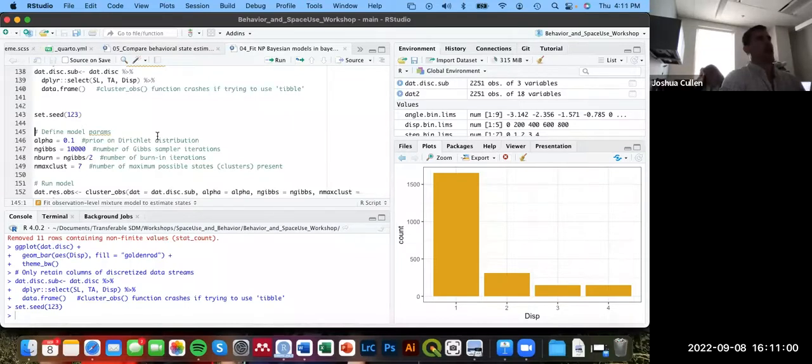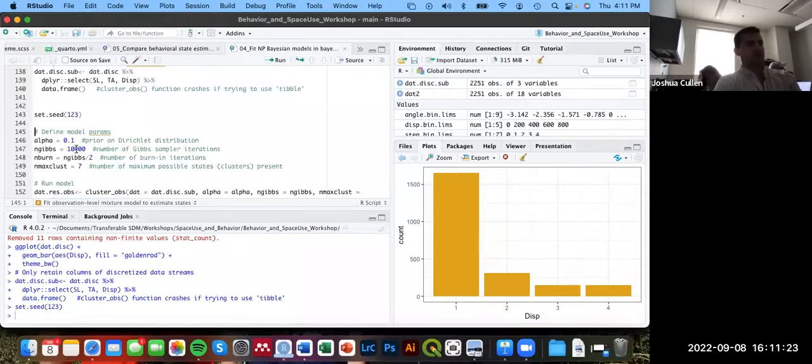We're assuming alpha is the same across all behavioral states we're estimating, and we're going to set it low to about 0.1. This will tell the model that there's a high probability that it's in one state, most likely, and a lower probability that it's a mixture of multiple states to start off.